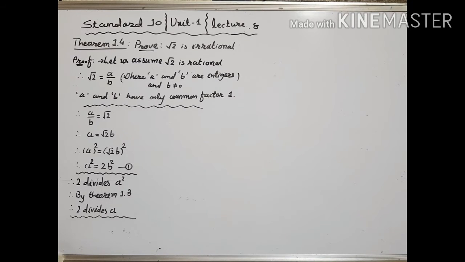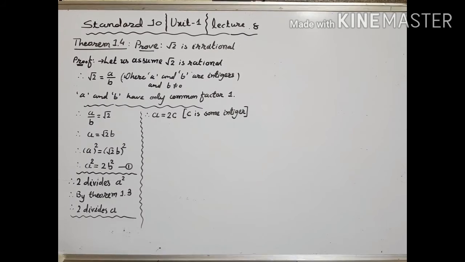Now if 2 divides a, then we can write a equals 2 into c, where c is some integer. Have you understood? 2 divides a, it means 2 is a factor of a. Therefore 2 into any number can give us the value of a, and that number is c. So we can write a equals 2c. Now let us take the square on both sides.